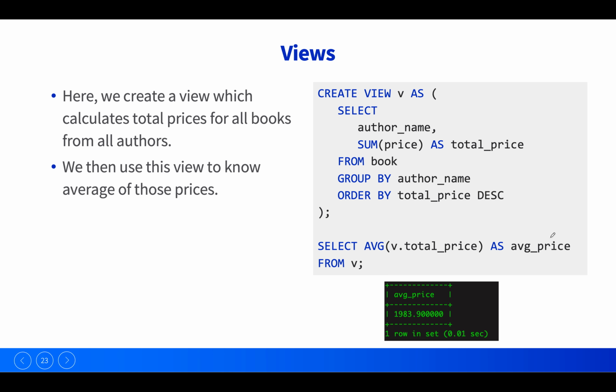We can use that query and save it as a view called v. Our subquery, we store it as a view called v, so that when we use another select statement later on, we can just invoke that view and use it as a source table. So select average total price as average price from v will return the same result as before.